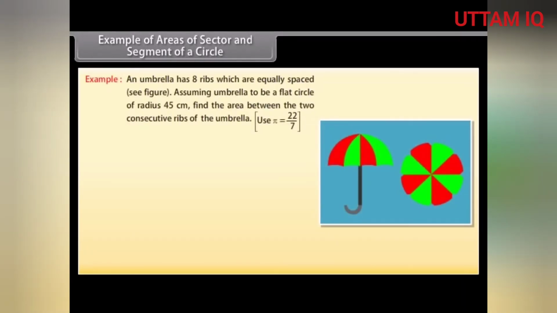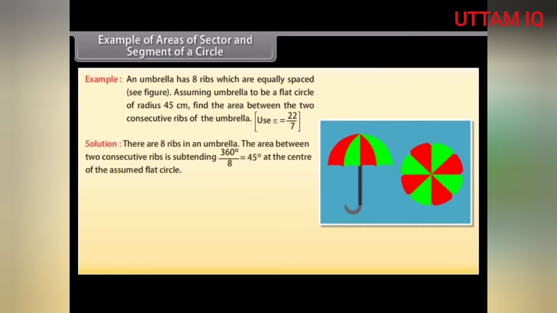Example. An umbrella has 8 ribs which are equally spaced. See figure. Assuming umbrella to be a flat circle of radius 45 cm, find the area between the two consecutive ribs of the umbrella. Use pi as 22 upon 7. There are 8 ribs in an umbrella.